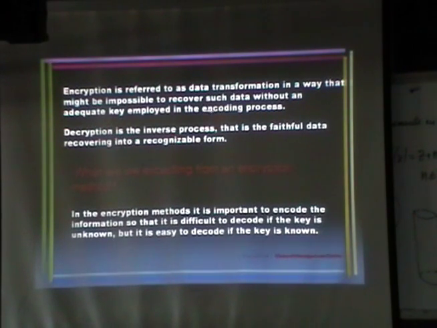Decryption is, of course, the inverse process of encryption, and well, that is the faithful data recovery into a recognizable form.